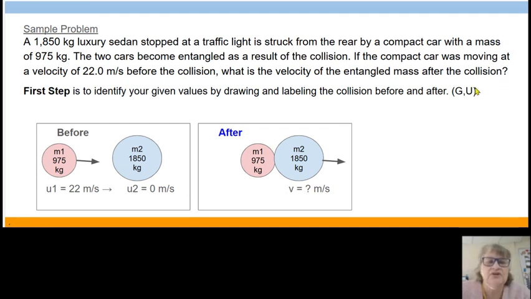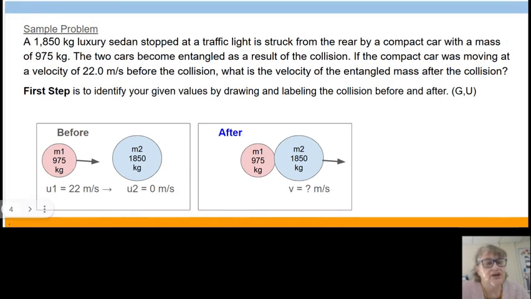Okay, so let's kind of get in our mind, right? You've got this luxury sedan and it's stopped at a traffic light, and then you have a compact car, and the compact car is moving 22 meters per second. That's like 50 miles per hour.